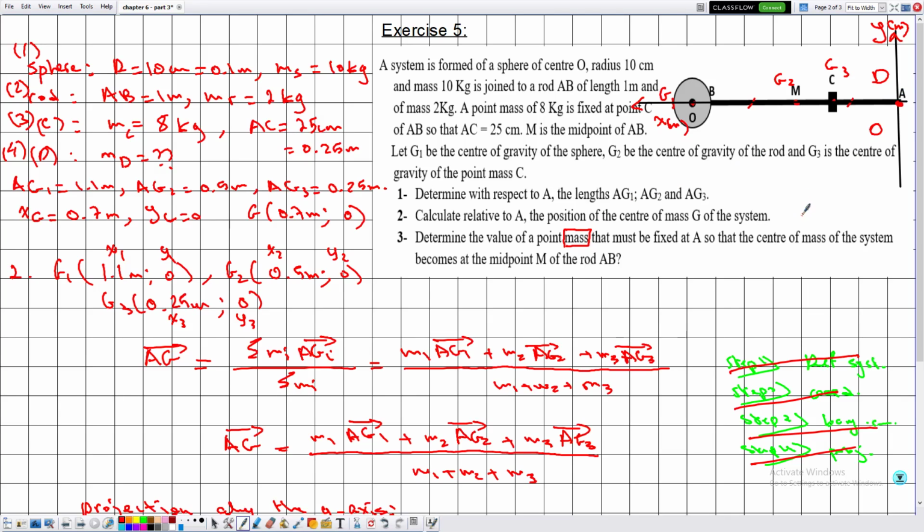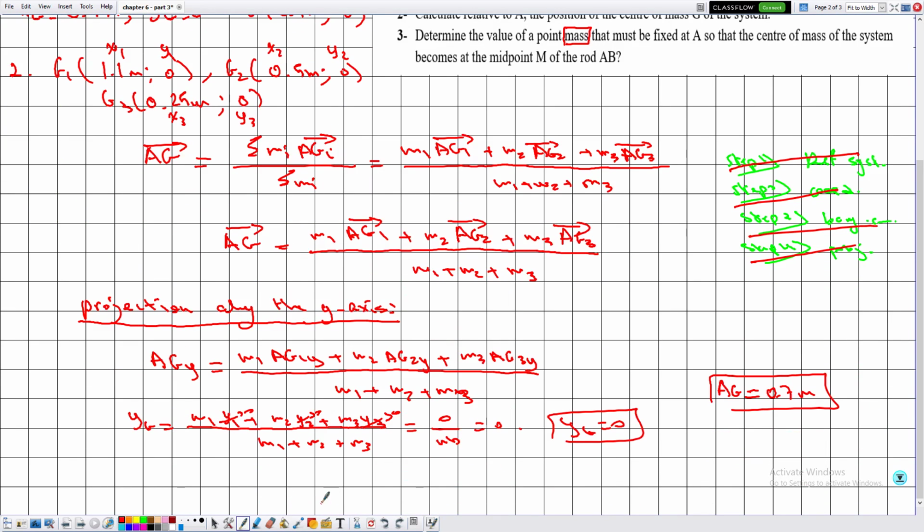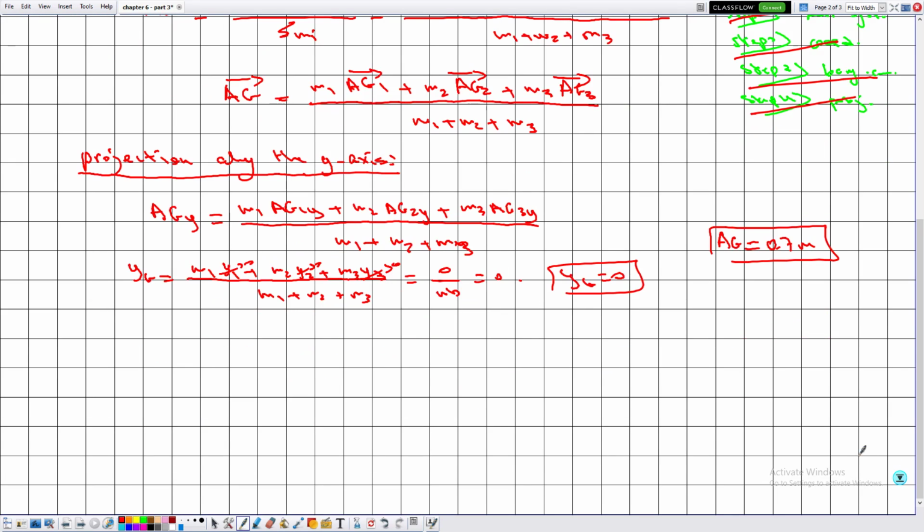Now in this case, the new center of mass will be given by G. So now the system is composed of 4 bodies given by 1, 2, 3, and 4.